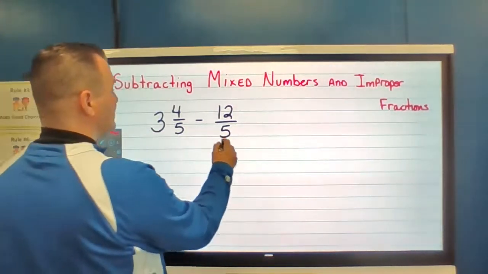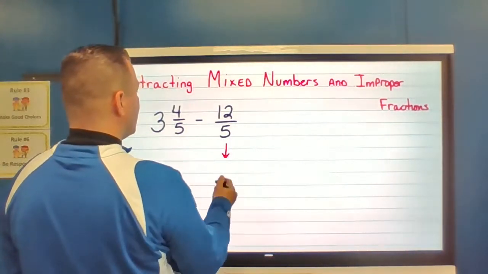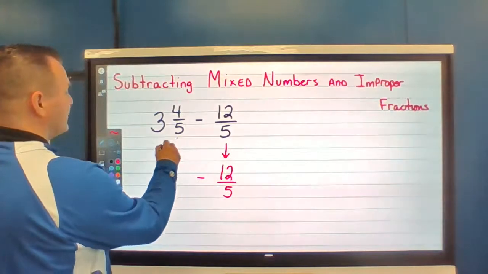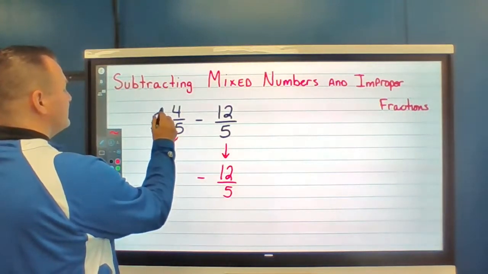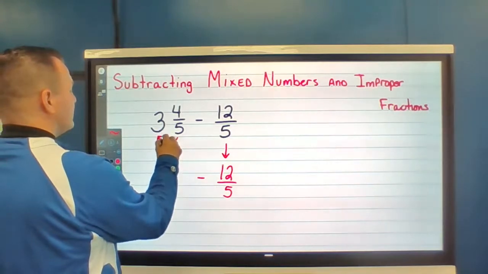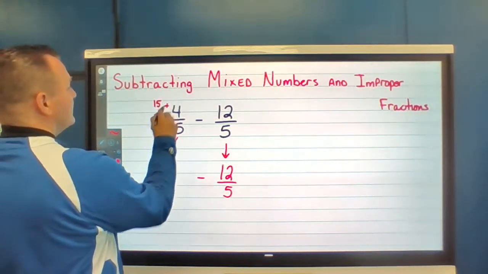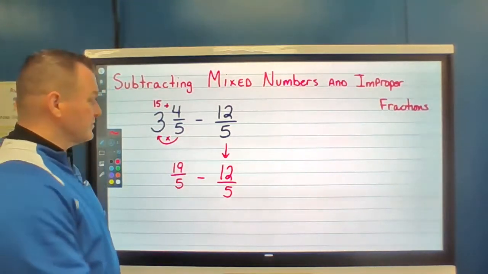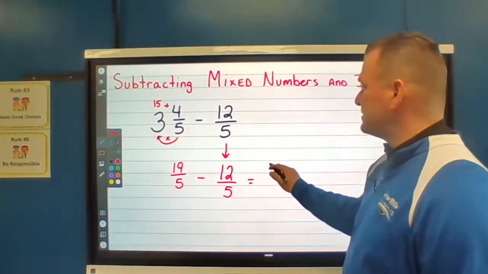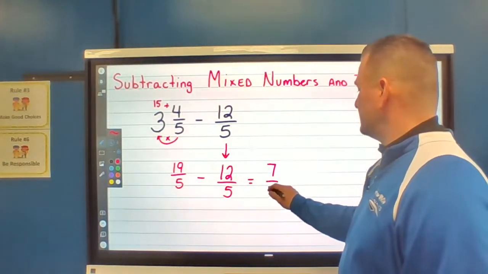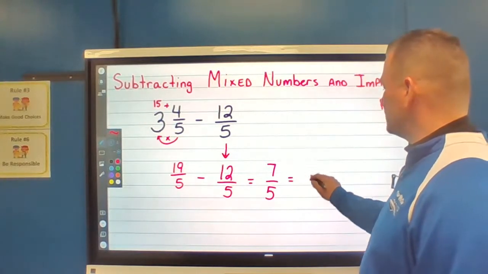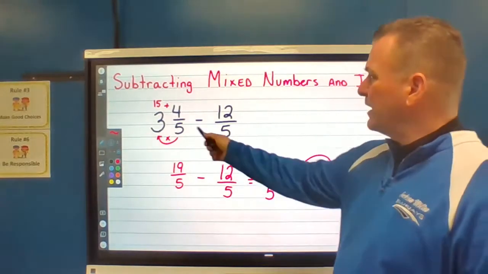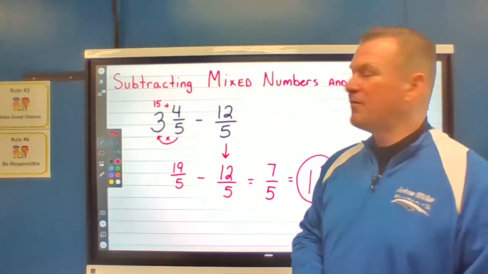Remember, when we're doing subtraction with this, get him down, 12/5. And let's convert him. That would be 15 plus 4, that gives me my 19/5. And that makes it a lot easier this way. 19/5 minus 12/5 would give me 7/5, which equals 1 2/5. A lot less steps when I convert and get everything to be an improper fraction.